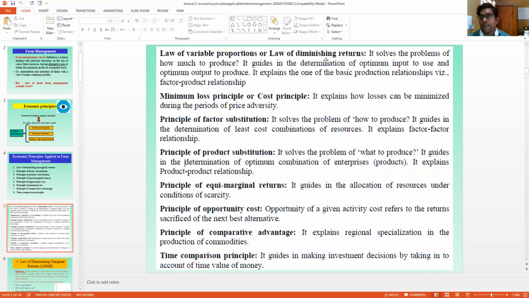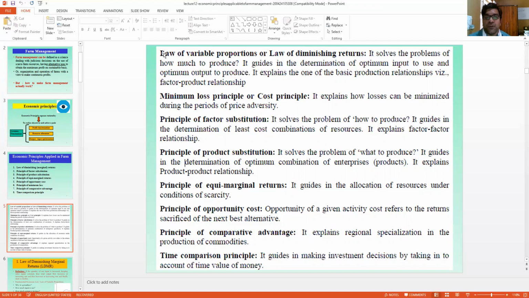Because just because you keep on adding inputs, you cannot get more and more output. At some point of time, the output is going to decline. That is what the marginal returns are about, right? So the marginal unit of input may increase, but the marginal unit of output will decrease, right?